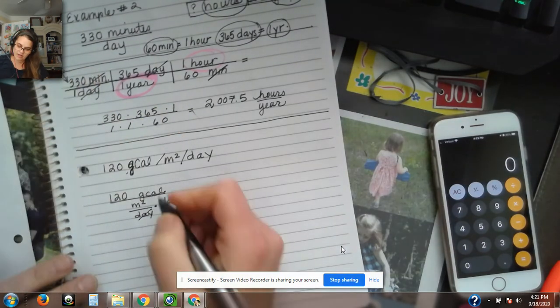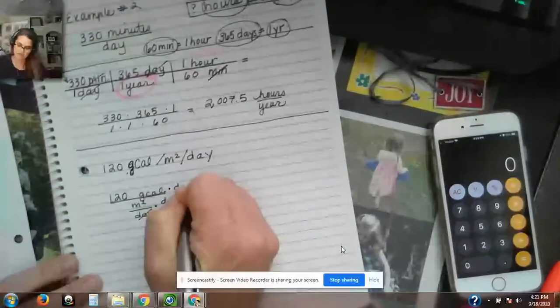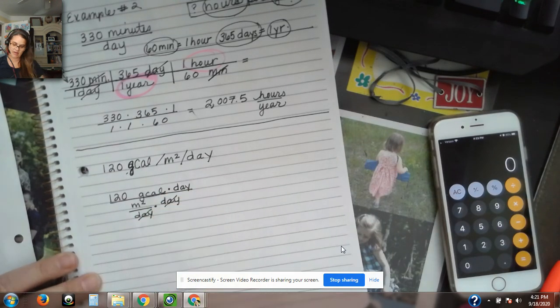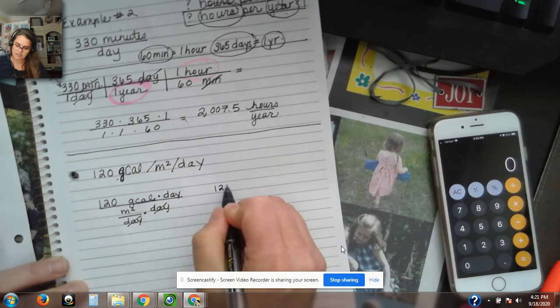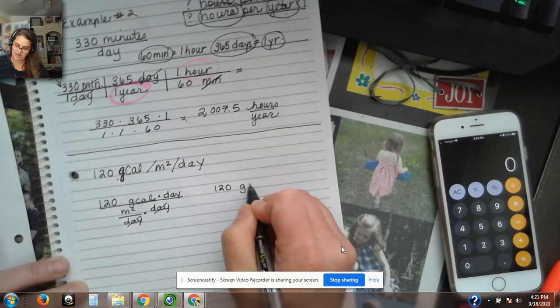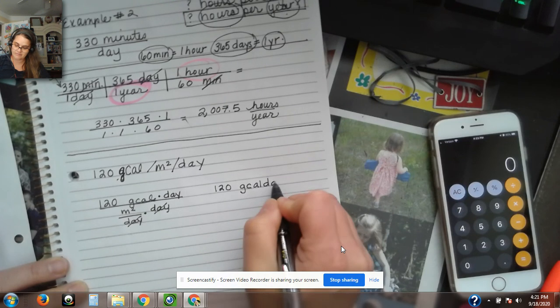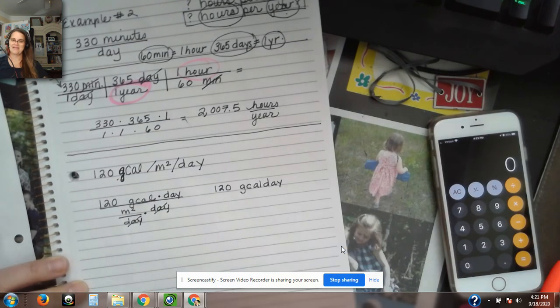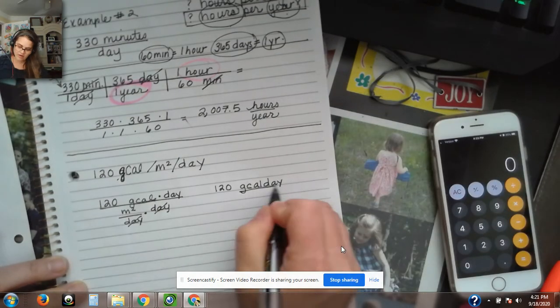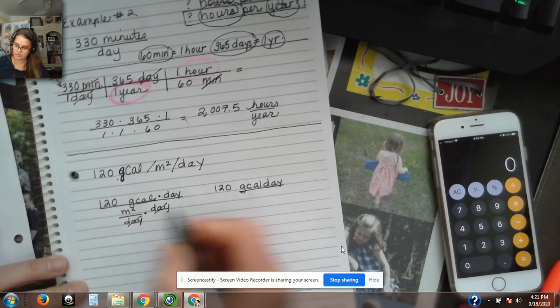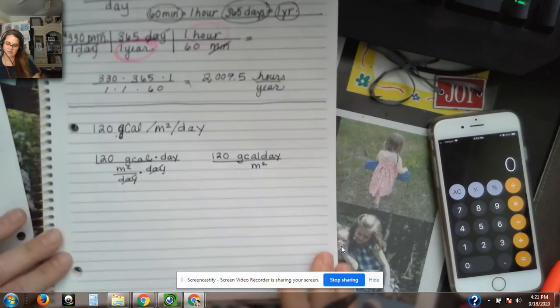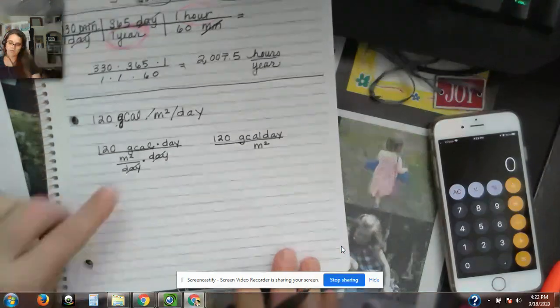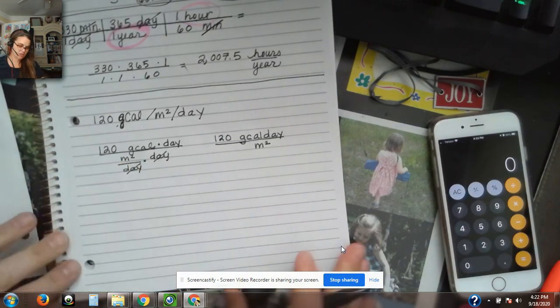So what I end up with is 120 gram cal days per meter squared. Talk about a strange unit. Now, I prefer to do it this way so that I can use my dimensional analysis.